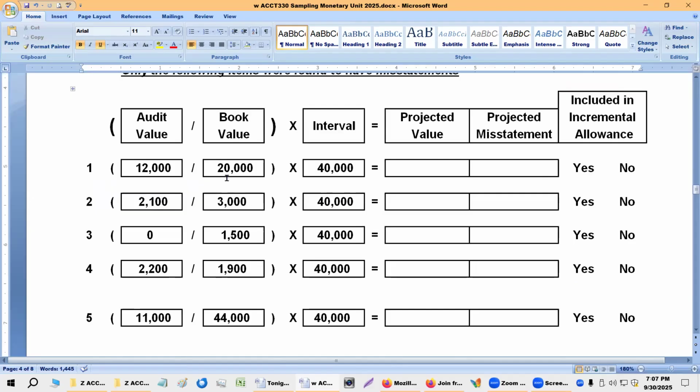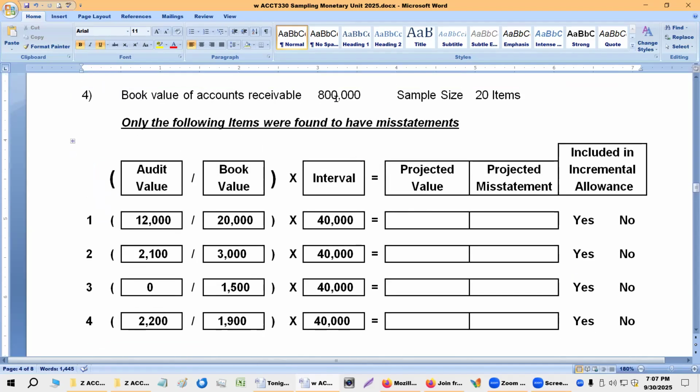Okay, the first three here, I think, are well behaved. The interval's 40. So 800,000 divided by a sample size of 20 items will give us the $40,000 interval.